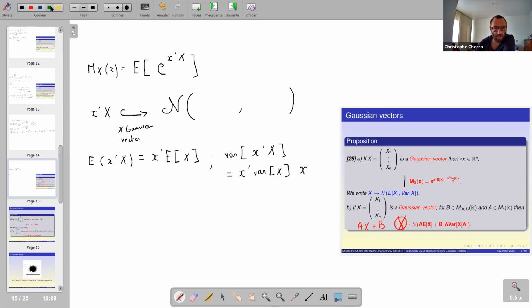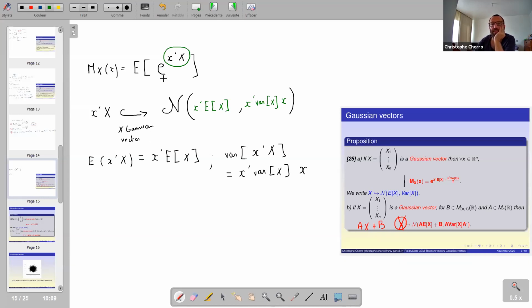So I know perfectly the distribution of this term: it is a Gaussian with expectation x prime expectation of X and variance x prime variance of X x.